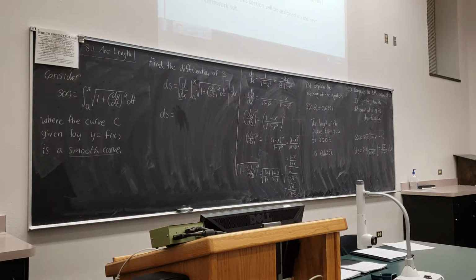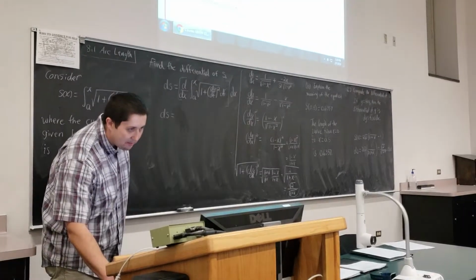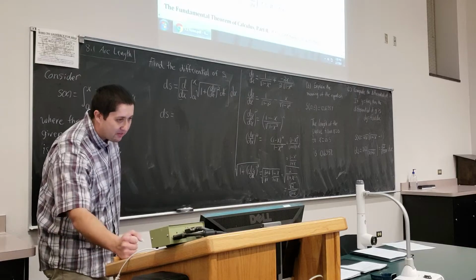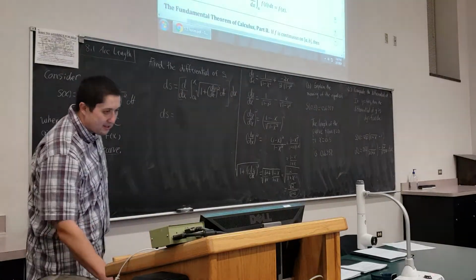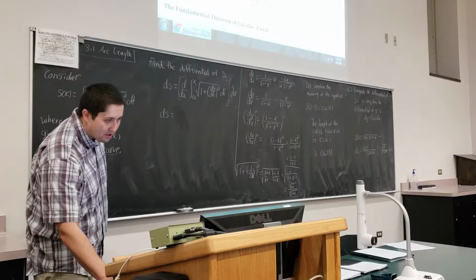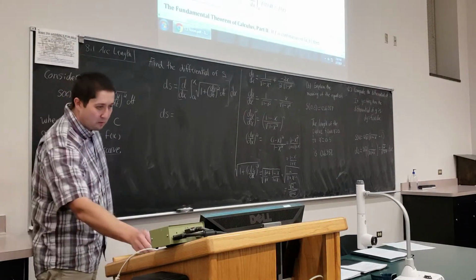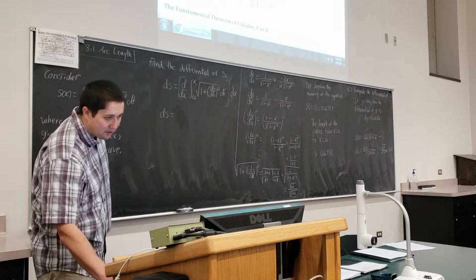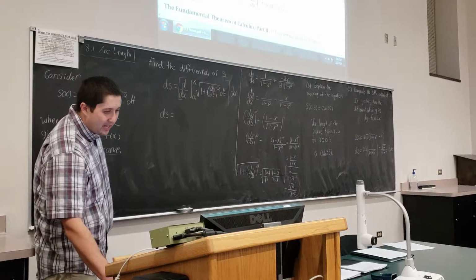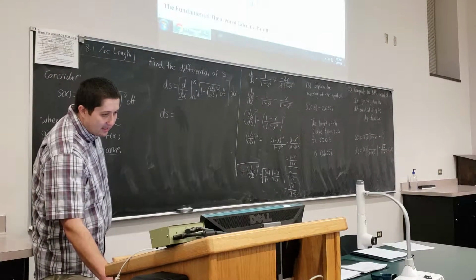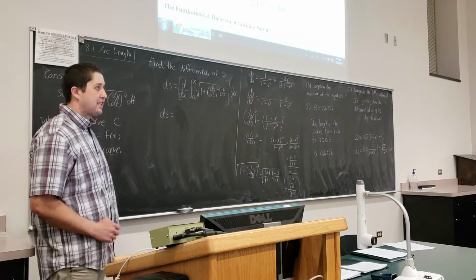And to actually get its derivative, we have to work with our nice friend from a long time ago, the fundamental theorem of calculus part 1. The fundamental theorem of calculus part 1 is specific to the functions that we're seeing here. The arc length function is just like that function g of x, which is defined in terms of a definite integral, where the upper limit of integration varies. So if you take this as your g, take the derivative of that with respect to x, and you get an f of x.